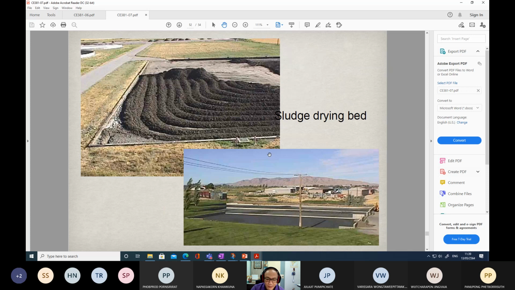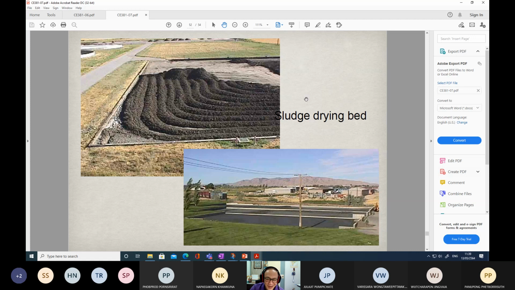This one is also a photograph of the sludge dewatered from the sludge drying beds. So it comes like this. But here, if we want to collect this dewatered sludge, we have to use a shovel.